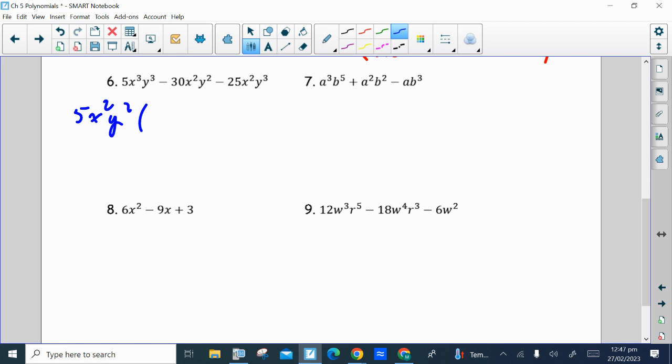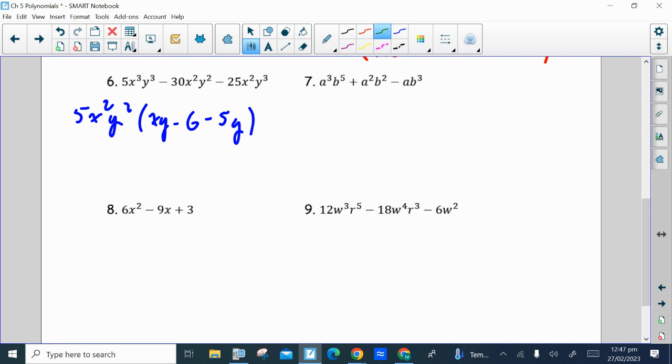What do you get? You agree with that, Princess? Yes, absolutely. That's what you get when you divide each term by 5x squared y squared. Okay, any questions on that?